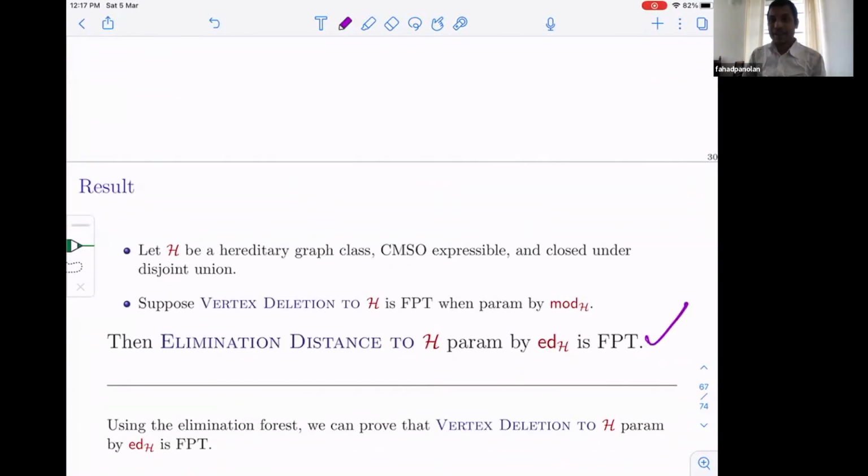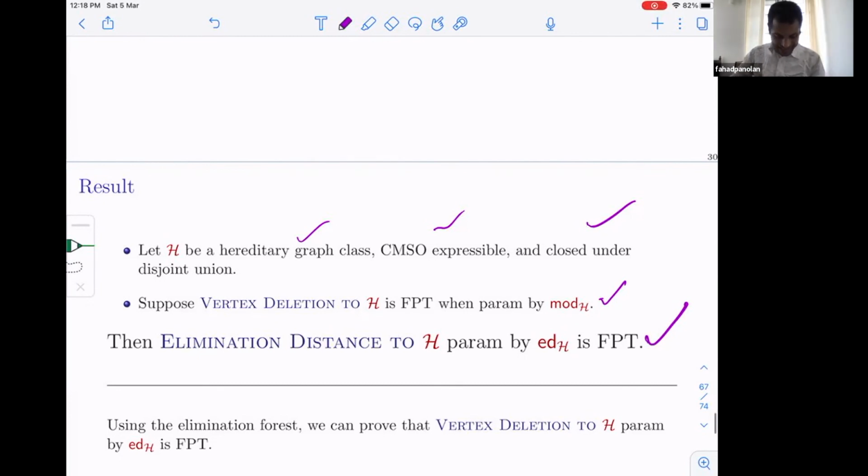Okay, and everything is the same. I just took a candidate example, H equal to F topological minor free. The properties we use are these. So you just substitute, and you can prove it by going verbatim the same way.